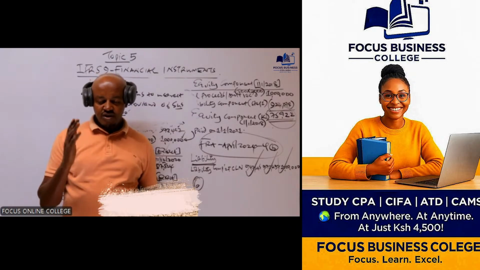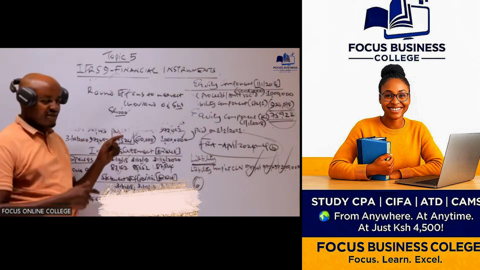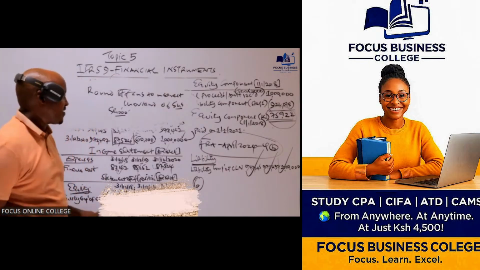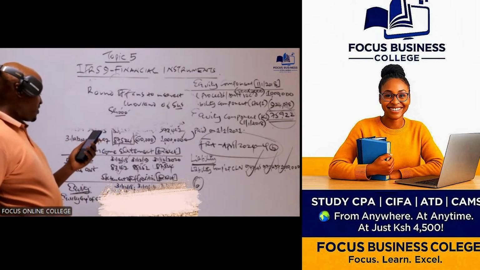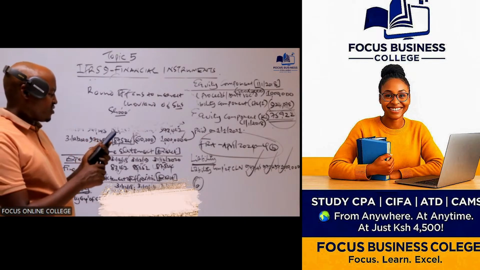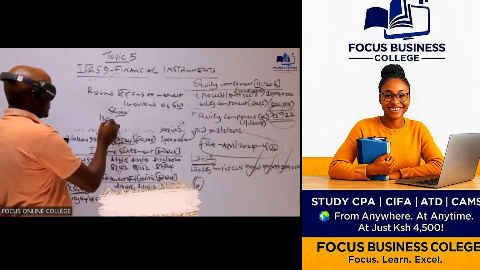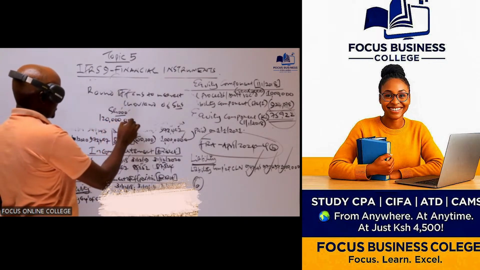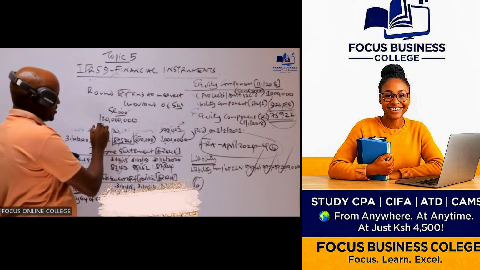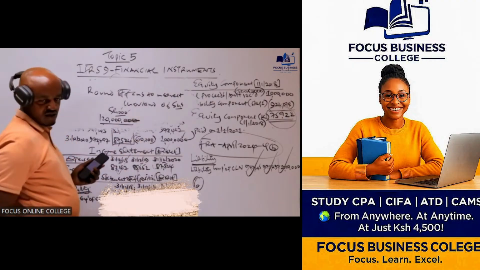So in that case, you will not work with the full figures, but you work with the figures in thousands of shillings. Let me give an example of what I mean here. If you check that particular question in paragraph 1, you're told this company issued convertible loan stock having a value of 120 million. When working out this question, you do not work with this whole figure, but you omit the last 3 zeros.